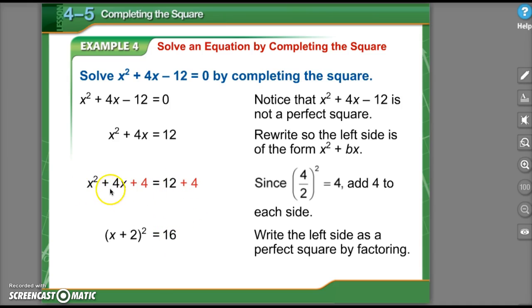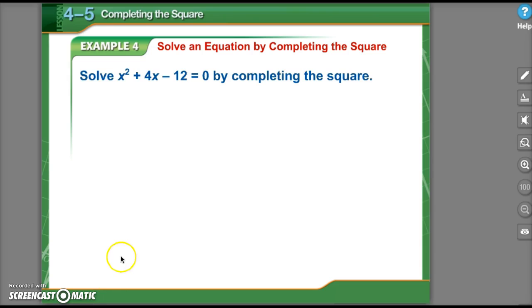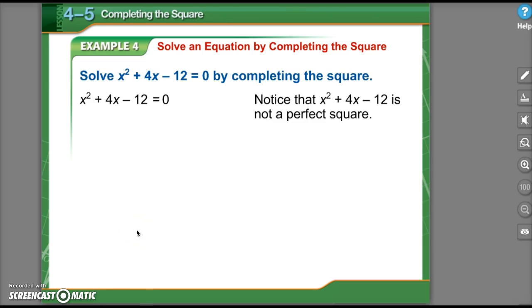And we simplify the left side by factoring and writing it as a perfect square. Remember that it's going to be x plus b over 2. b over 2 was 4 divided by 2, which is 2. So it's x plus 2 quantity squared equals 16. They kind of jumped ahead a step here, but remember, let me pull this back up.